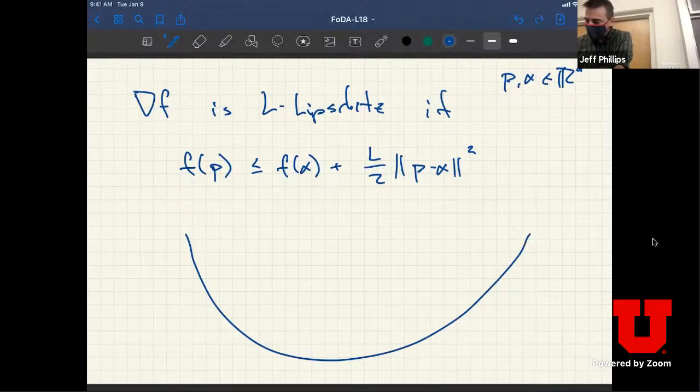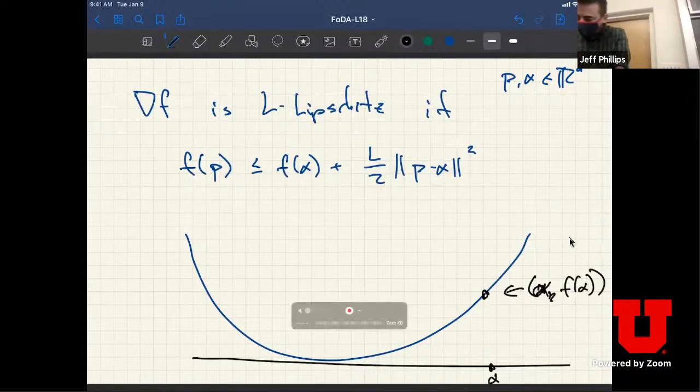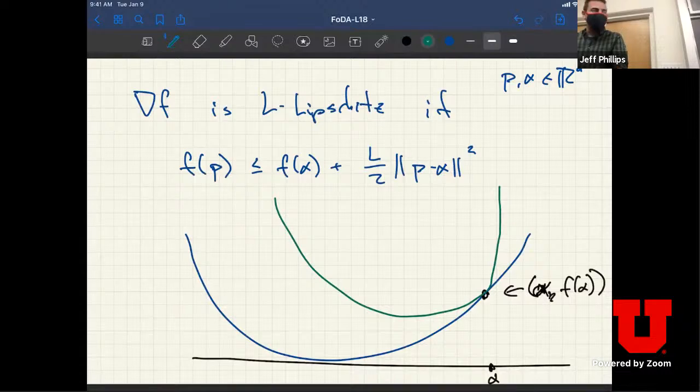But the idea is that this function has to be something convex, and so I pick some point alpha, the point alpha, f of alpha, and I can do a quadratic approximation of this. I can always put a nice parabola here, a parabola that is always above it.